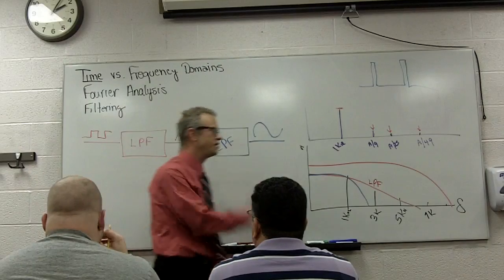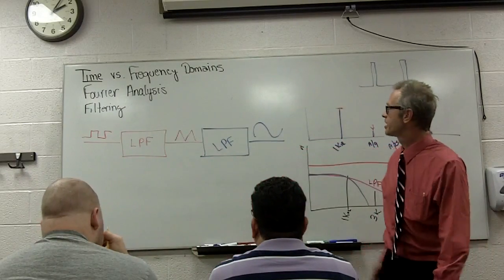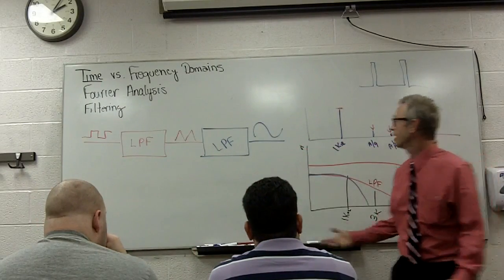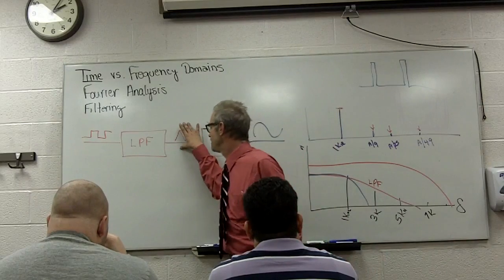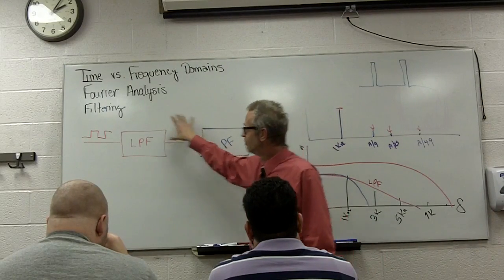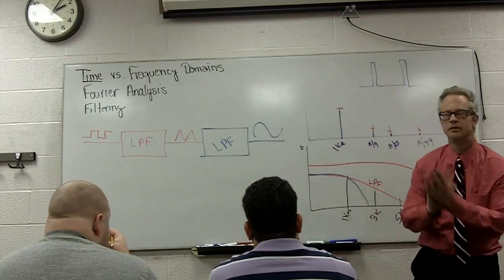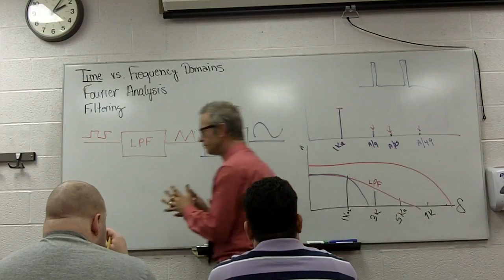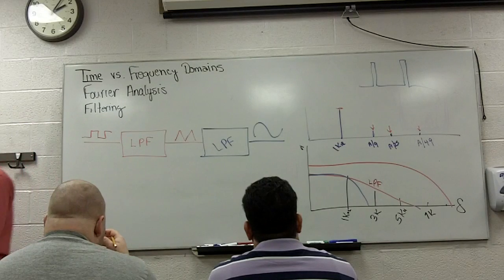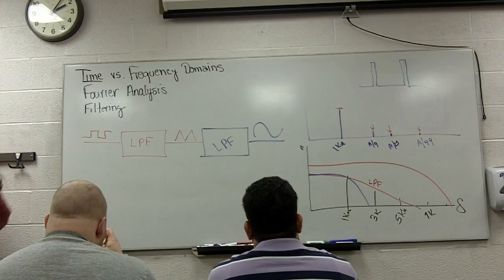Why do I need to worry about that? What's the difference between having a sine wave and a square wave? Because really, we don't care too much about this. This is just kind of intermediate. But what's the difference between a square wave and a sine wave? One has dramatic drops, right? It drops more dramatically.